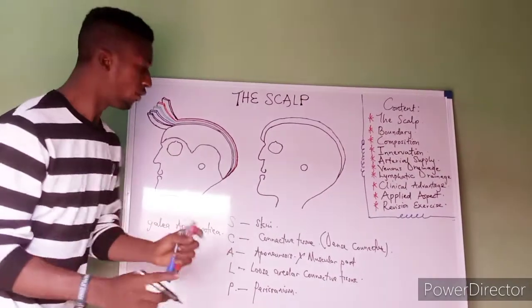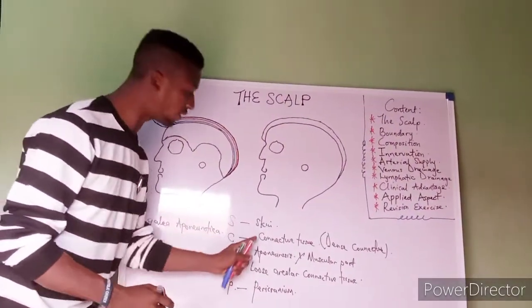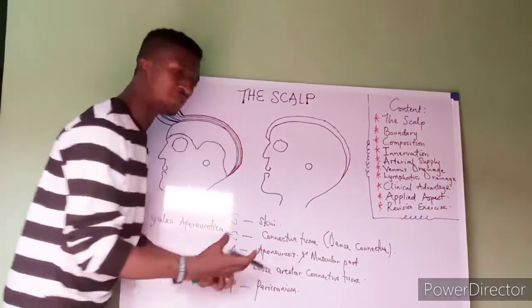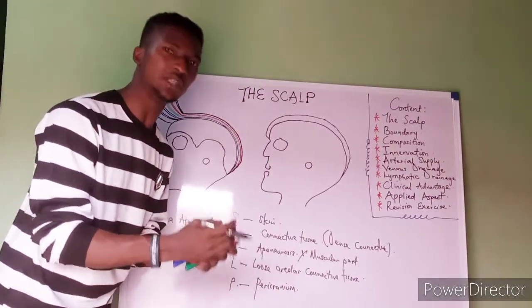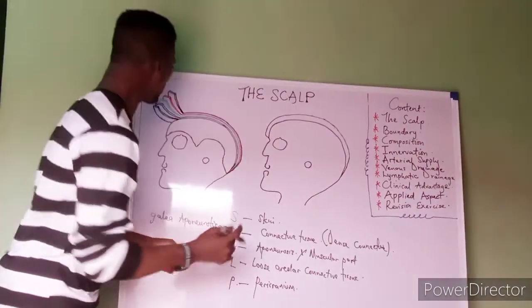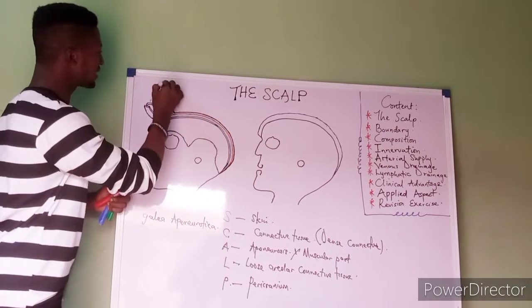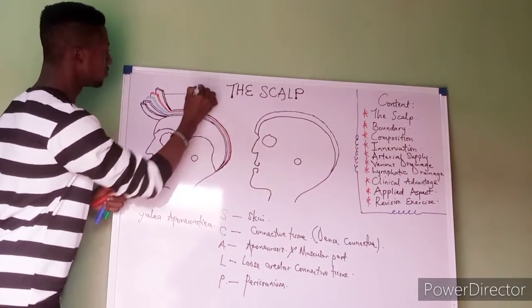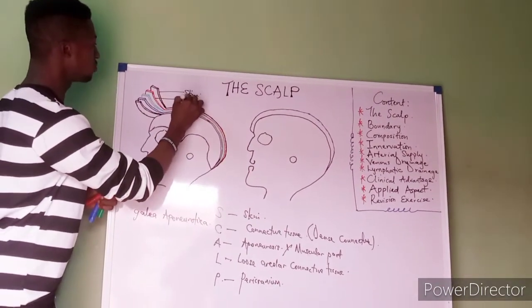It is important to note that the skin, the connective tissue, and the aponeurosis are strictly attached together to make up a single unit or a band. The outermost is the skin, and after the skin we have the connective tissue.